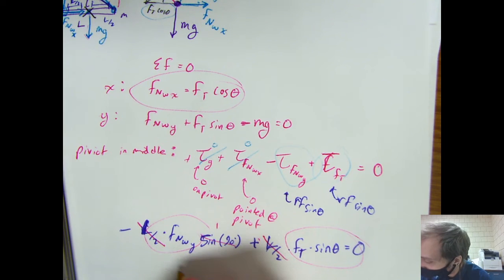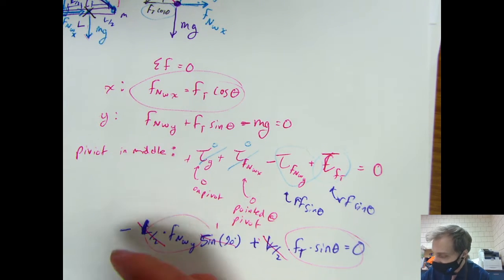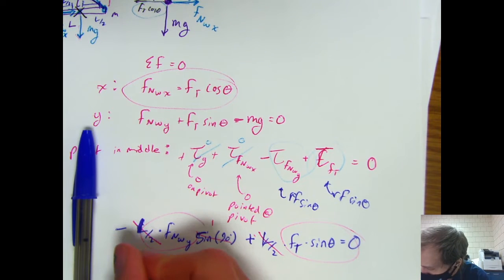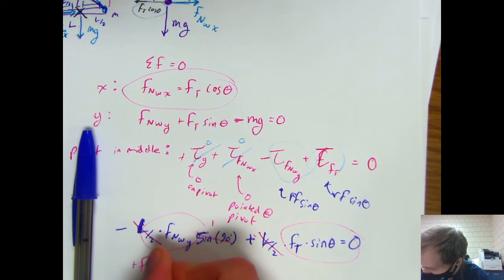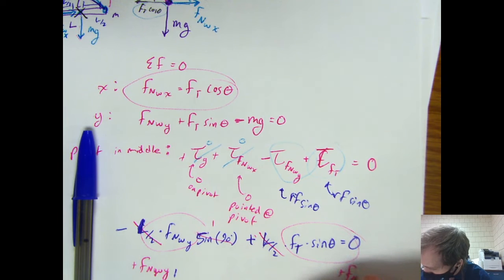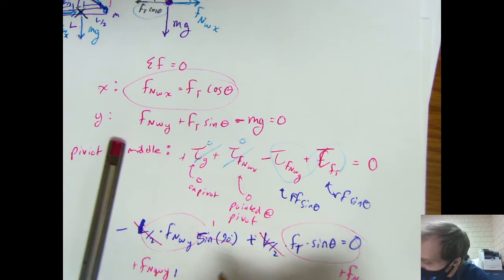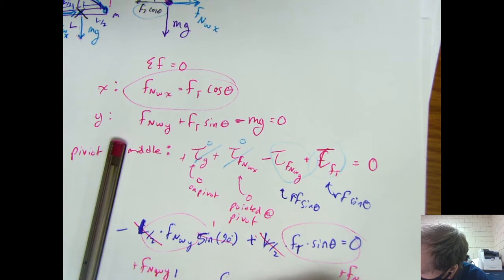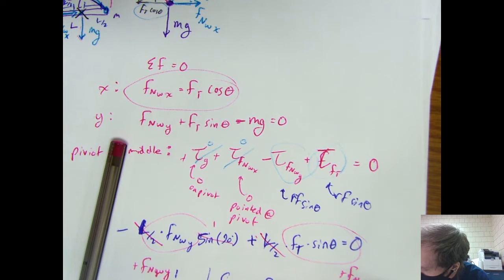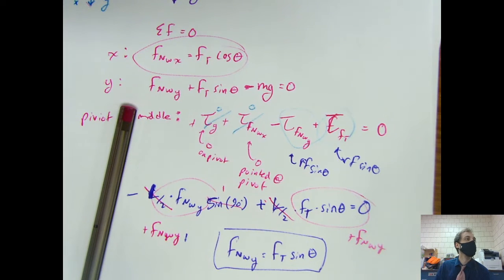This actually tells us that, if I add this to both sides, so plus the normal force from the wall in the y direction, not only is our x component of the normal force equal to the x component of the tension, which we figured out using Newton's second law, using the torques we actually figured out that the y components are the same as well.